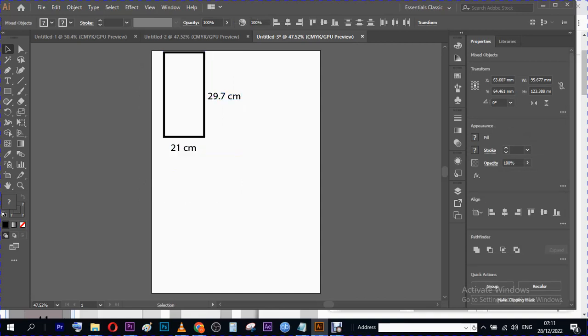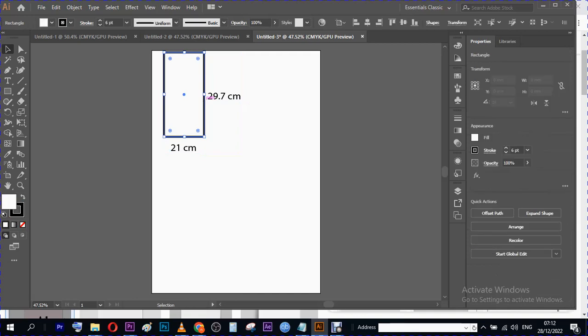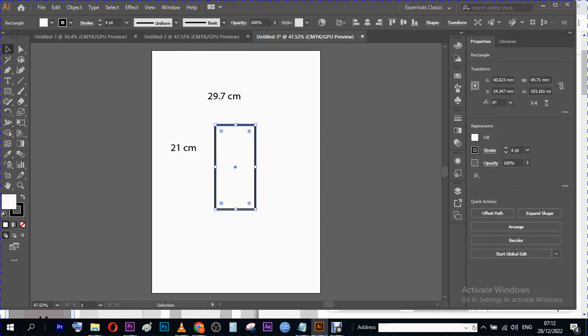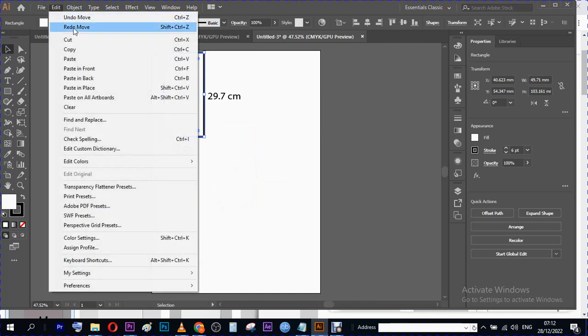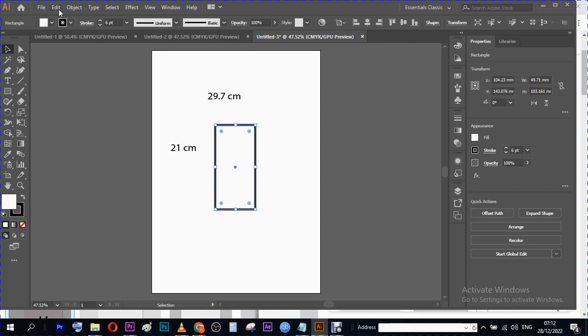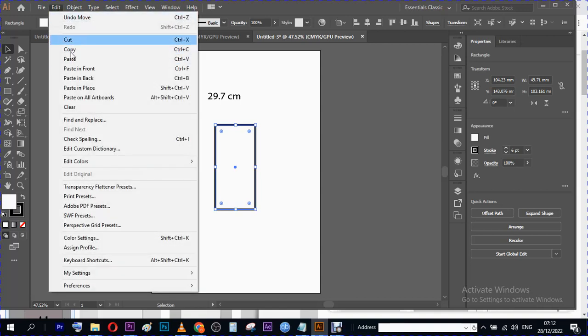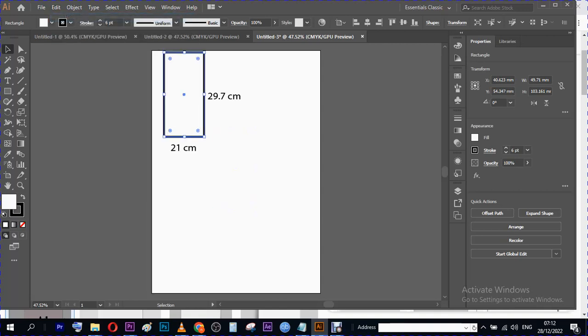Remember I've told you that when we are duplicating something, I click Ctrl Z, or come here and click undo move.